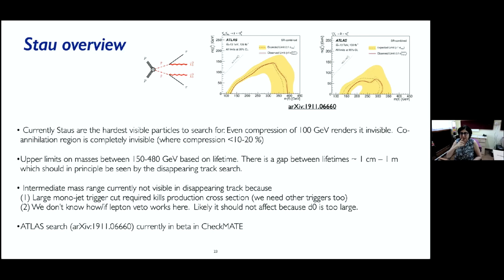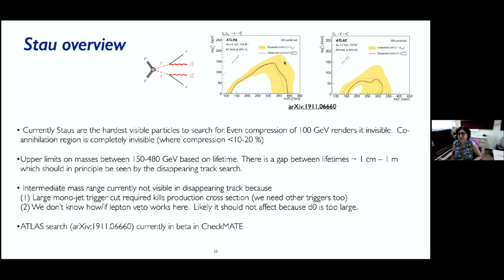Yeah. So just to summarize, I talked a bit about the long-lived part, but we can also talk about the normal prompt decay. And there what we see is actually quite obvious already in the plots. So this is the analysis that we have in CheckMATE, the ATLAS tau search.